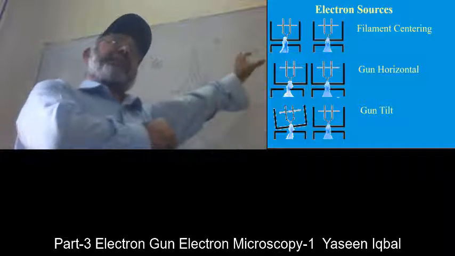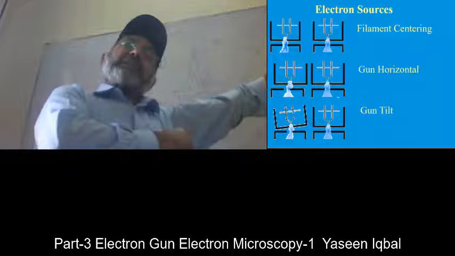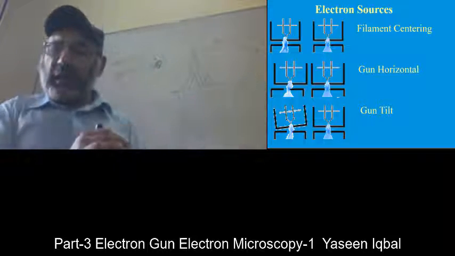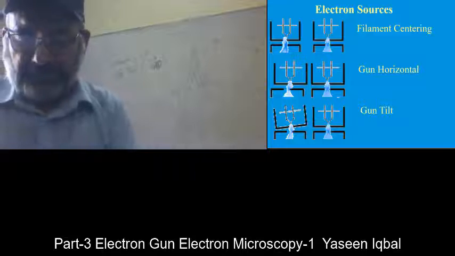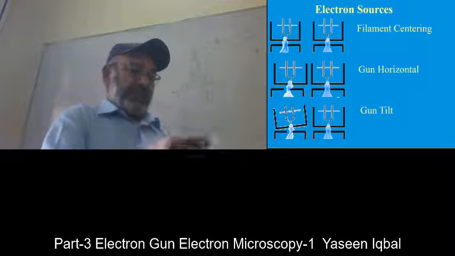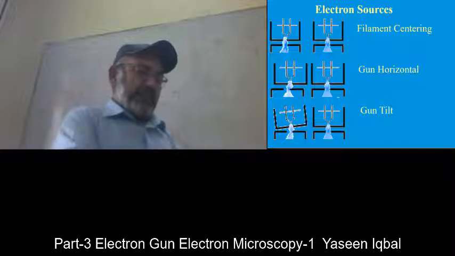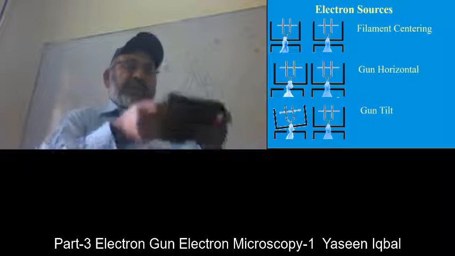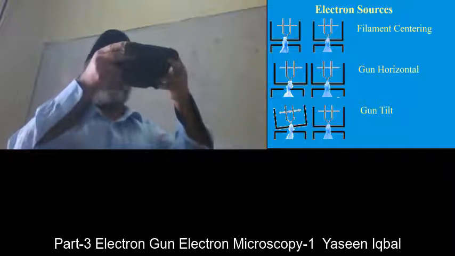So if you don't have focusing and centering of the electron gun, for example, this cloth, it is the emission source, and it is supposed to be like this.